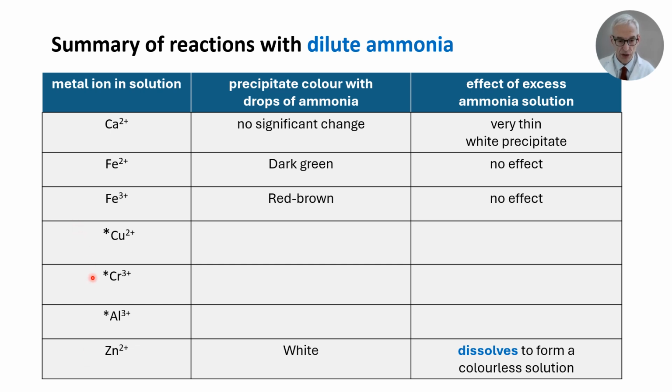Copper 2+, chromium 3+, aluminium 3+, there are differences. Can you recall the color of the precipitate formed with ammonia and the effect of adding excess ammonia? Pause, complete those missing 3 sets of observations, come back to check and correct when you are ready.